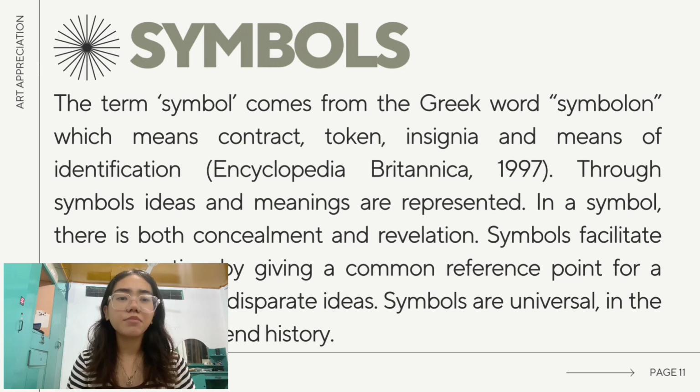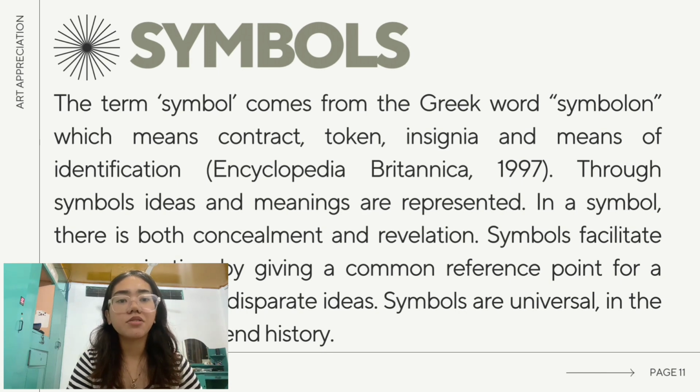What makes a symbol unique is that it can hide and reveal meaning at the same time. This means that while a symbol might look simple, it can carry a deeper message that's not always obvious right away. Symbols help communication by giving people a shared way to understand and connect different ideas, even if those ideas come from very different places or cultures.